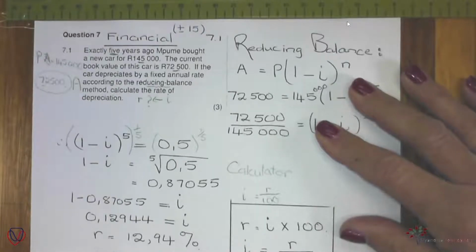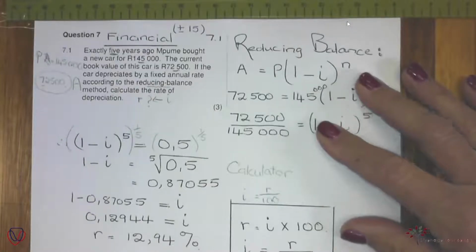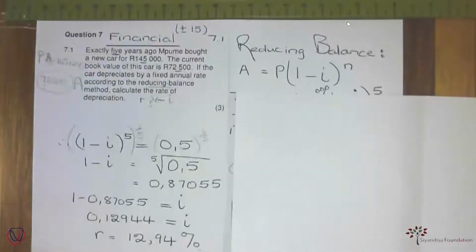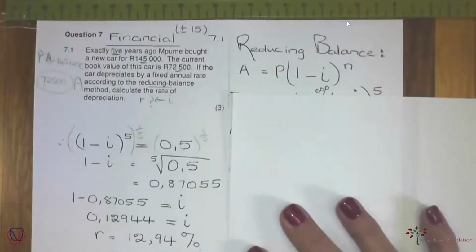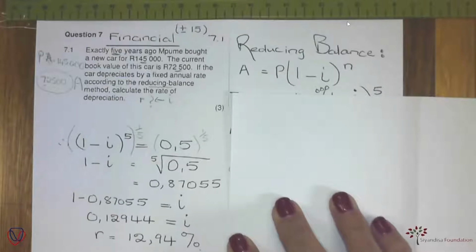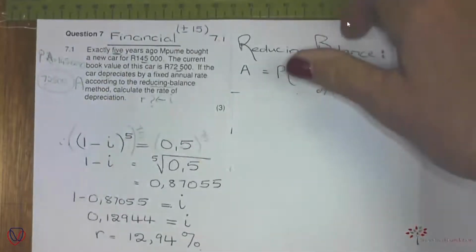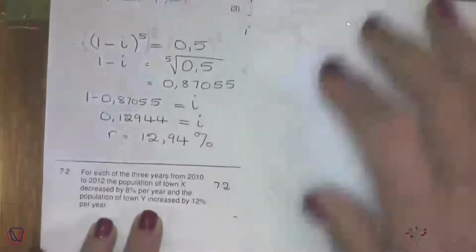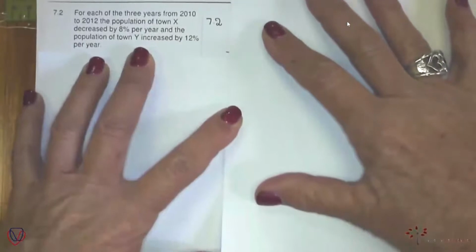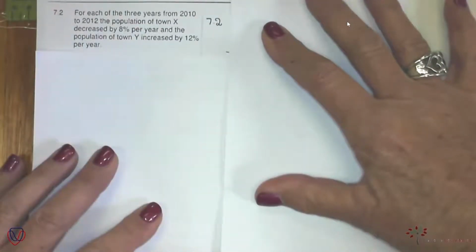Right, let's go on. The 7.2. Let's start reading it again.